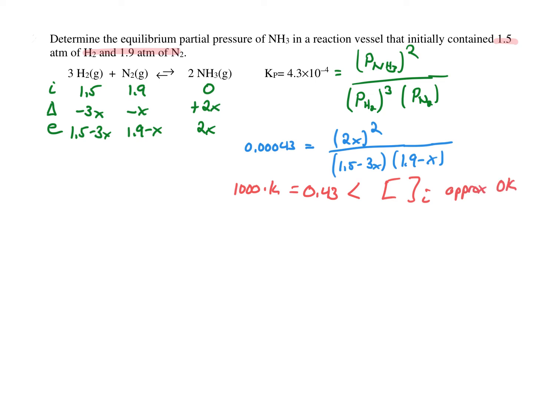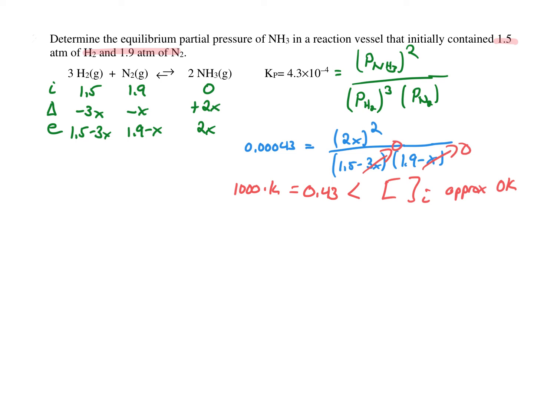That means that we can treat the value here, 1.5 minus 3x, as just 1.5, and 1.9 minus x is just 1.9. So this is going to save us some calculations.